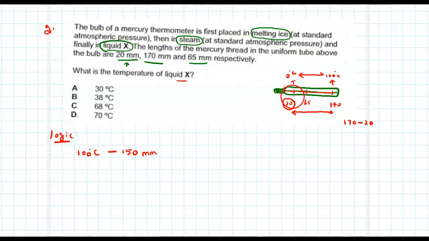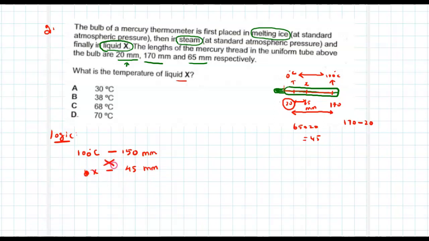Okay, now I want to find the temperature at the height of 65 millimeter. So what is the difference we have to find? The difference here is 65 minus 20, which is 45. So for 45 millimeter, what is the temperature X?